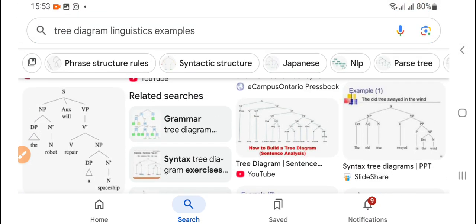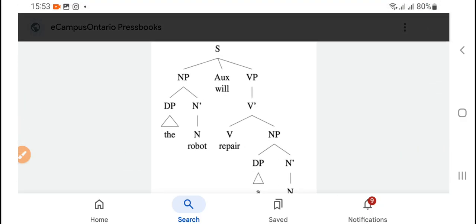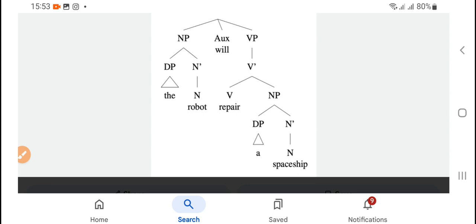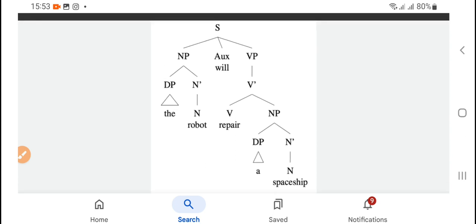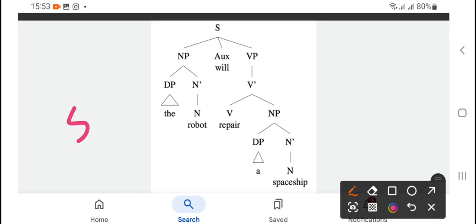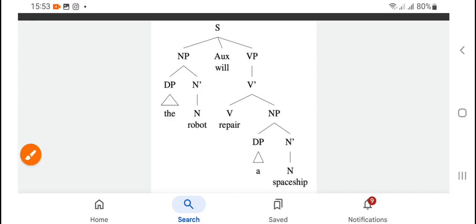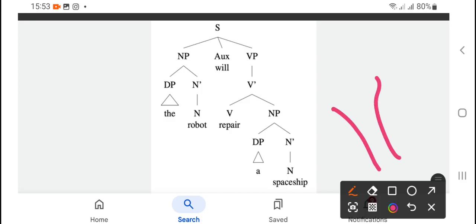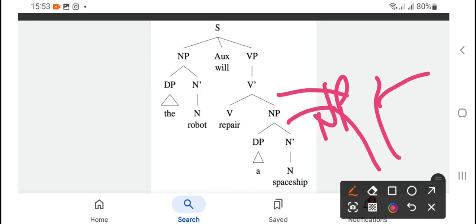Now another sentence, this is a very complicated sentence, I will tell you later. Now moving to the next sentence, that is: the robot repairs a spaceship, right? Close your eyes, imagine robot, the robot, noun phrase, okay, repair, okay, what, a spaceship. Very simple and interesting and very clear sentence. These are the noun phrase and verb phrase, right? Imagine the same tree, in this tree the doer is the noun phrase, right? And then the verb phrase.